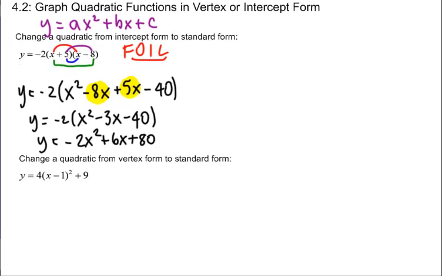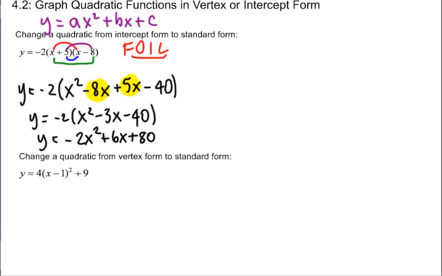The other thing that we're going to look at is from the vertex form, which is the same but different. What we're going to look at on this guy is this part right here, this little 2 up here. What does that mean? That means that what I'm really working with is y equals 4 times (x minus 1) times (x minus 1) plus 9.